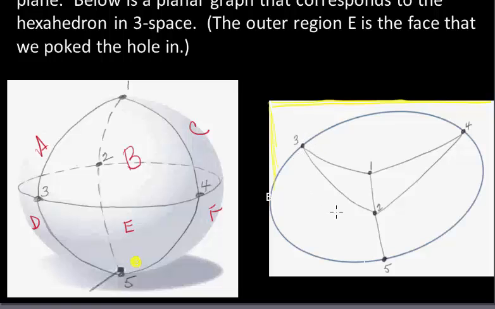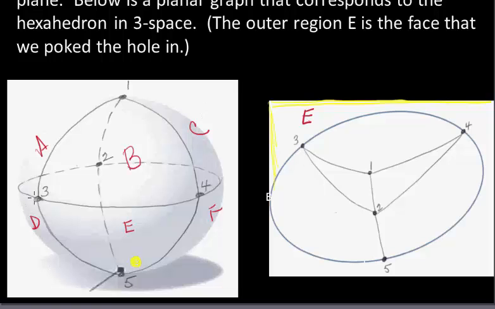How would the planar graph look when you did this after you spread it all out? Well, E would be the outside region, because E, you spread out, this yellow is the hole actually that has spread out to be the edge of the plane. Now I carefully looked at it and I saw that 3, 4, and 5 are on E, right?